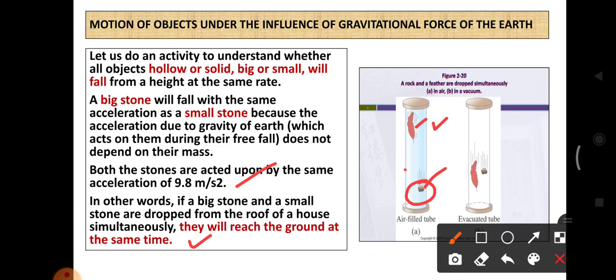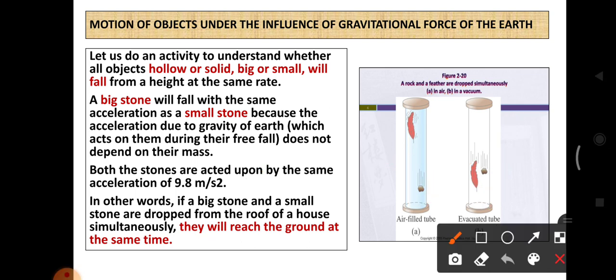In this glass jar, air is filled. Using the vacuum pump, I evacuated the air from this glass jar. So here there is no air. Now if I drop these two objects simultaneously, both objects reach the ground at the same time.